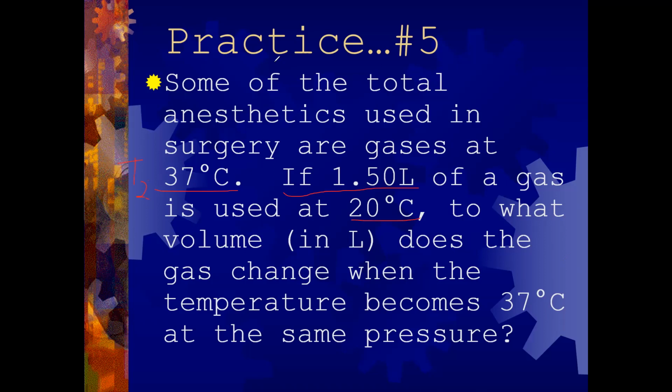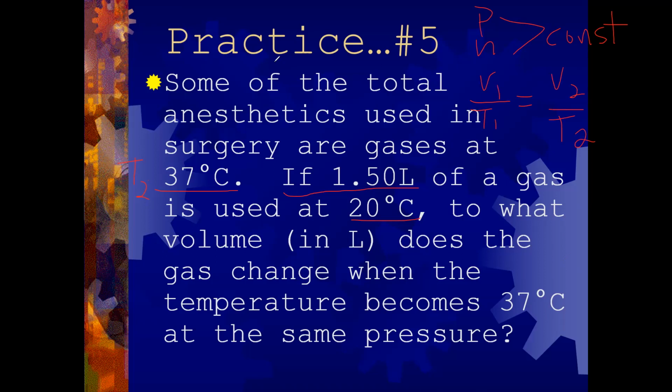At the same pressure. So the pressure and the number of moles are held constant. So that means this is Charles' law. And Charles' law, remember, there's no P. It is V1 over T1 is equal to V2 over T2. That's our formula.